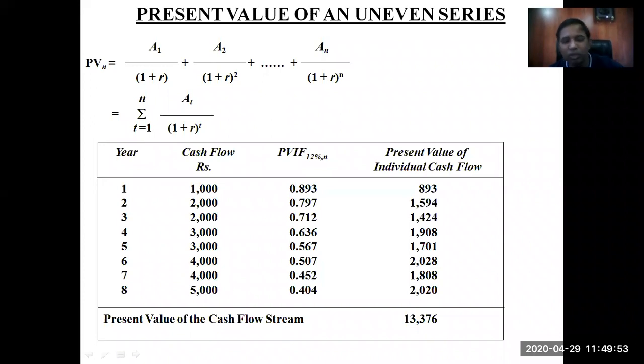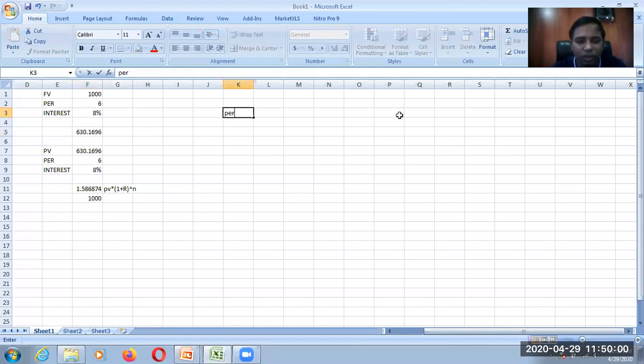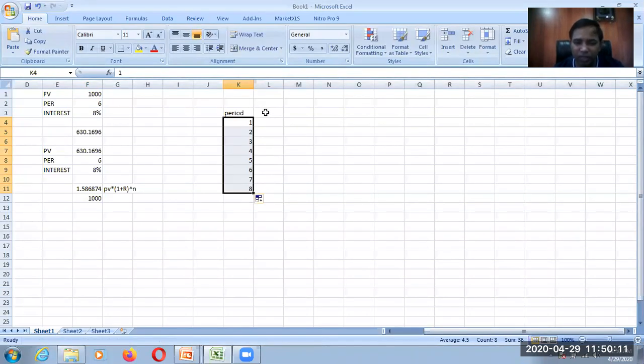Let us try to solve this in Excel so that you can understand one more time. Let us write down the period. It is 1 to 8: 1, 2, 3. Let us drag it down for 8 periods as we are calculating it for 8 periods. Cash flow.